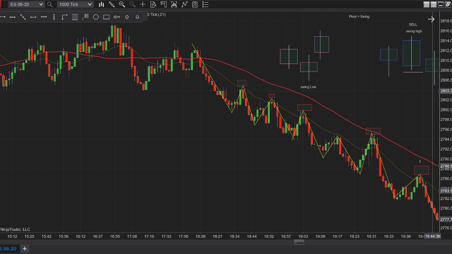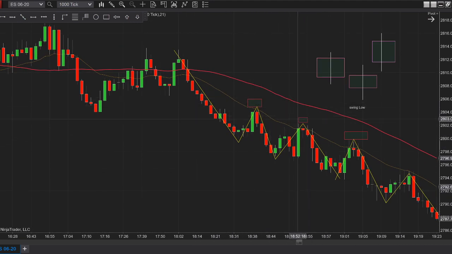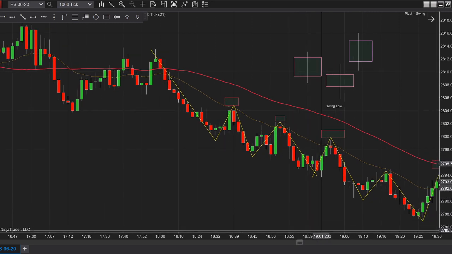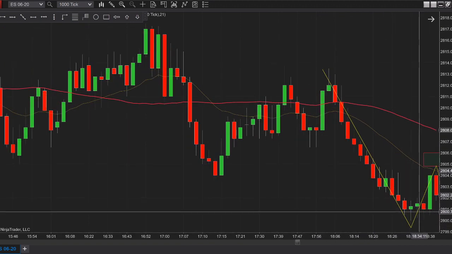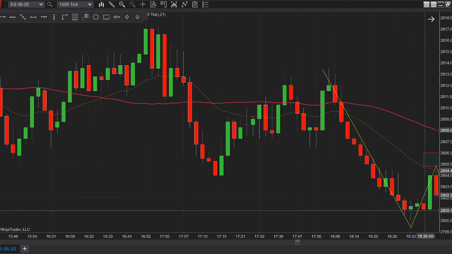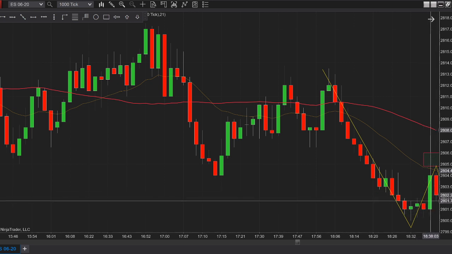Let's take a look at the example over here. We marked down a couple of retraces, but how do we actually enter the trade? As I said, we need to find a candle that breaks the low of the previous one. So here it retraces. Is this candle lower than this one? No. Is this candle lower than this one?